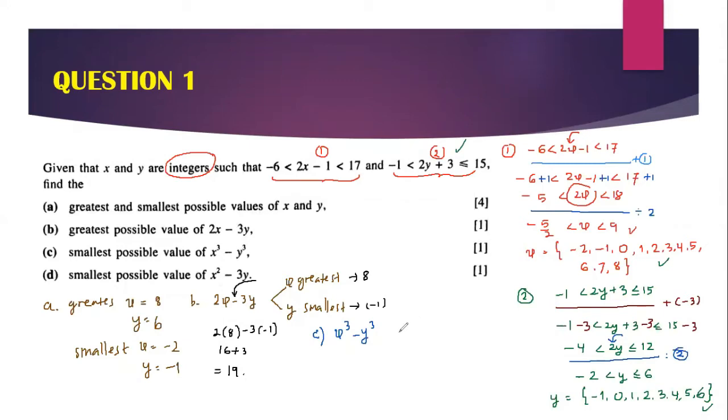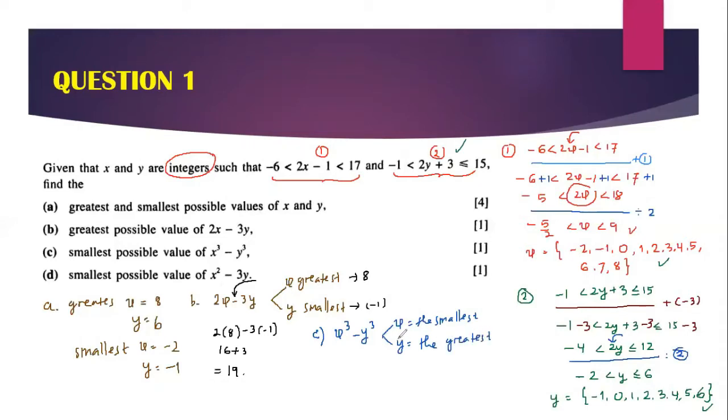So for x cubed or y to the power of 3, if you want to find the smallest possible, x must be the smallest negative, and y must be the positive, the greatest.